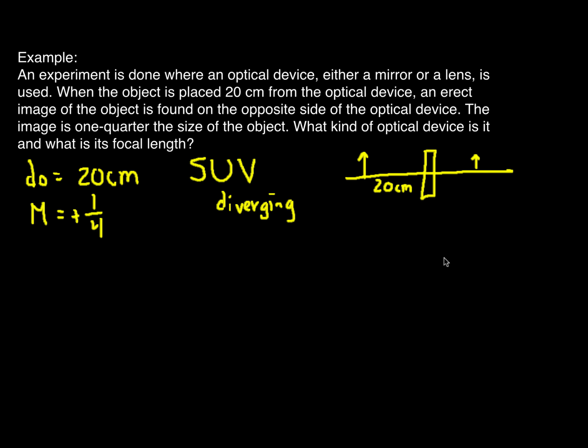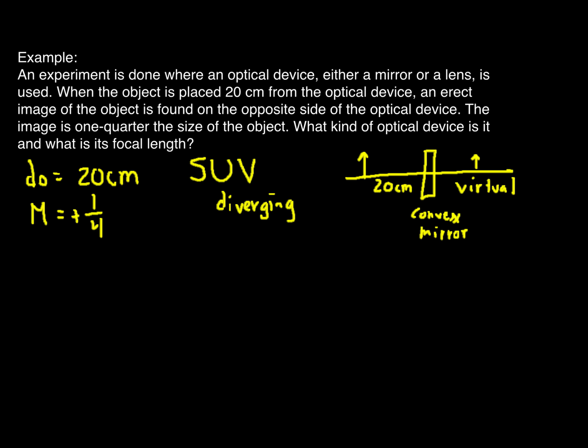In order for this smaller upright image to be on the opposite side, that would mean the opposite side would have to be the virtual side. For a lens, the opposite side of the object is the real side, so this must be a mirror, a diverging mirror, or a convex mirror.